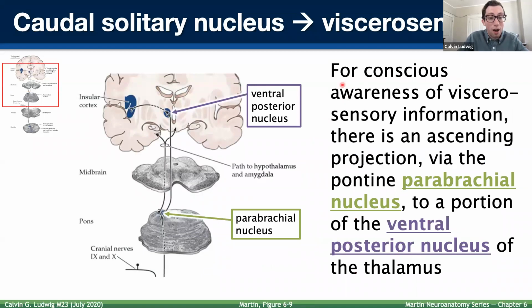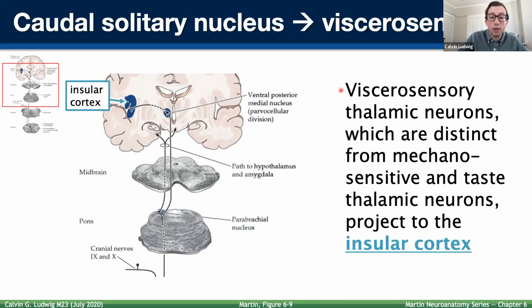Now, for conscious awareness of viscerosensory information, such as feeling nauseous, there is an ascending projection via the parabrachial nucleus here in green to a portion of the ventral posterior nucleus of the thalamus, which then projects on to the insular cortex in teal, so that you can be consciously aware of that sensation.